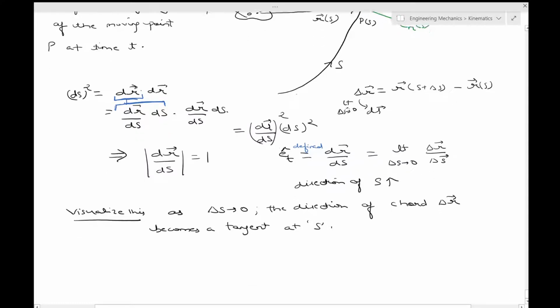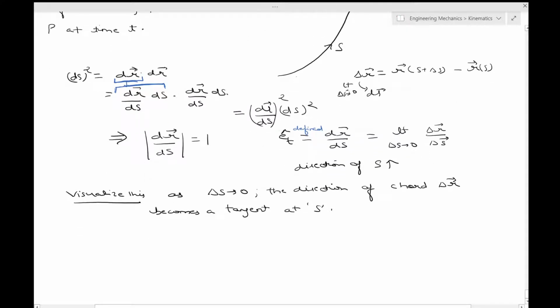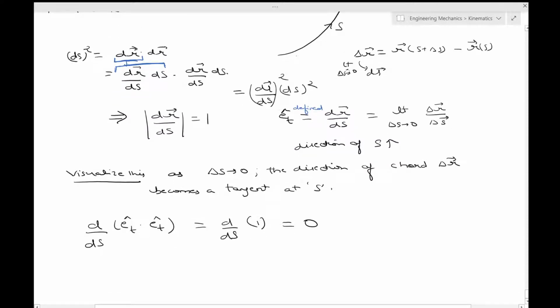Now let's also see what d by ds will do to et hat dot et hat, and this is equal to d by ds of what would be this vector with itself, that would be equal to 1, and hence this should be equal to 0. You can also use this by the chain rule.